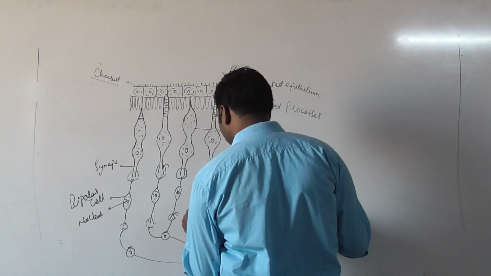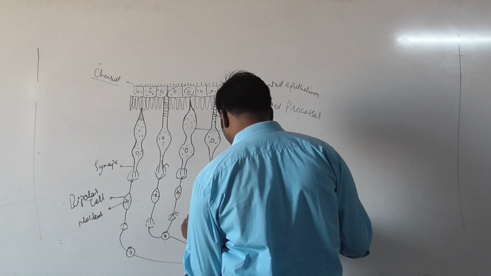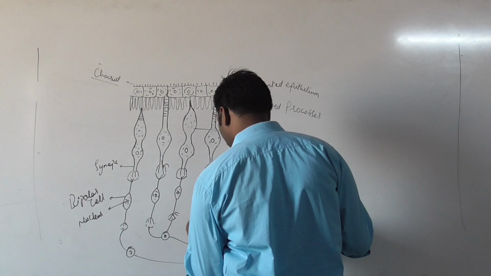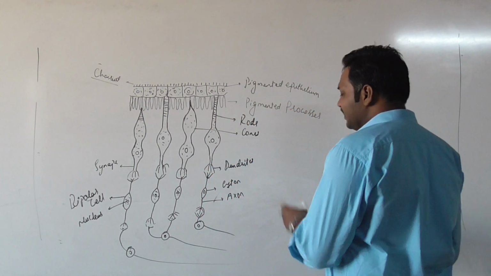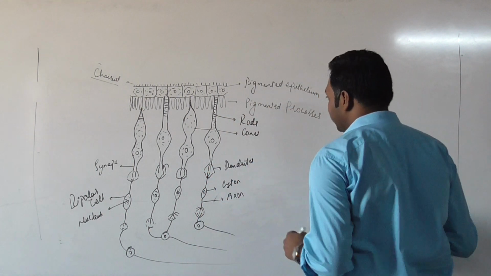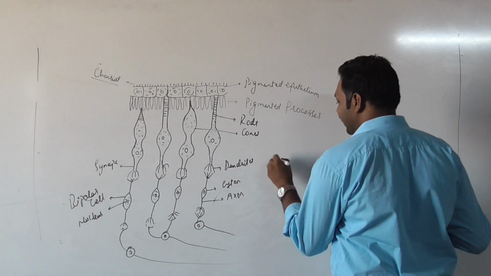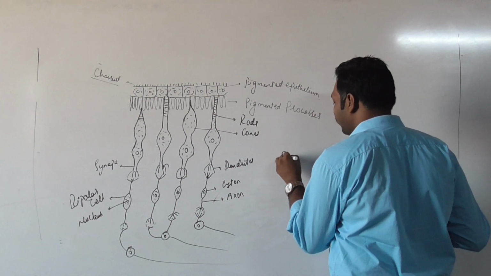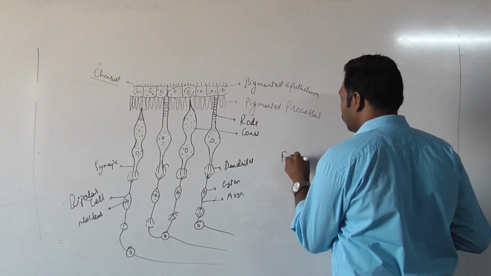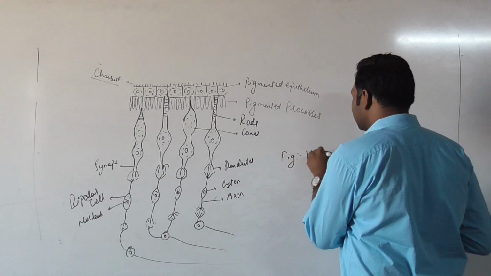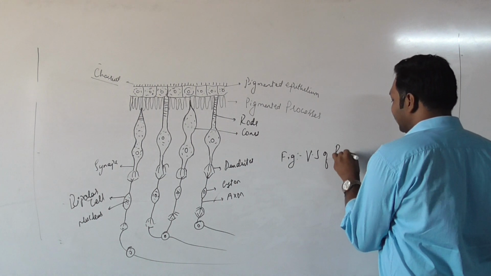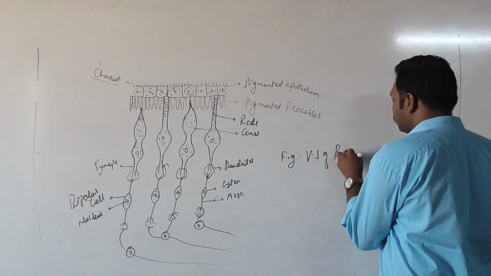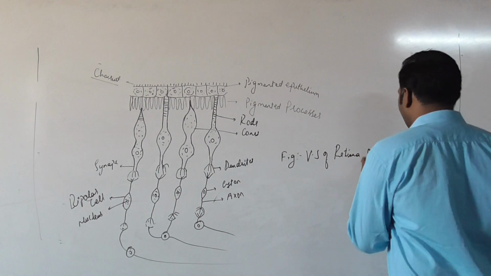In this way you can see the structure, which represents, here I write the name of the diagram, the figure VS of retina, that is the vertical section of retina of eye.